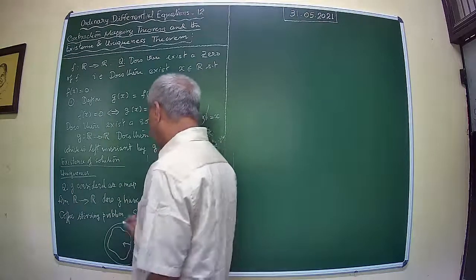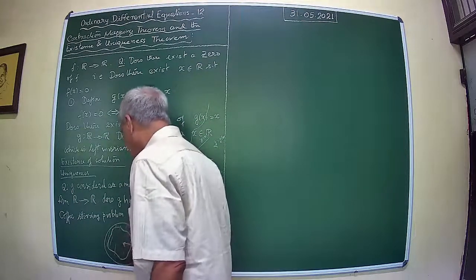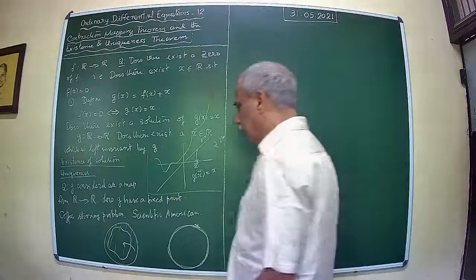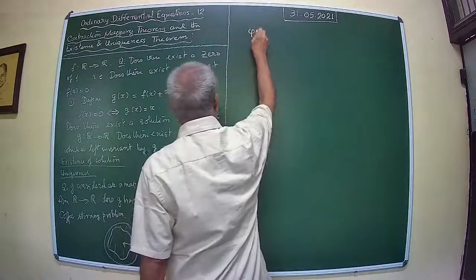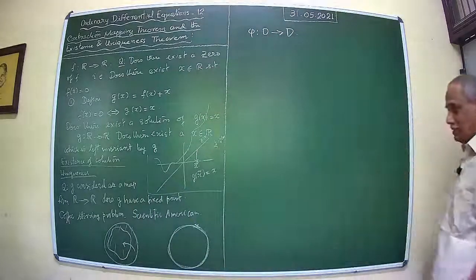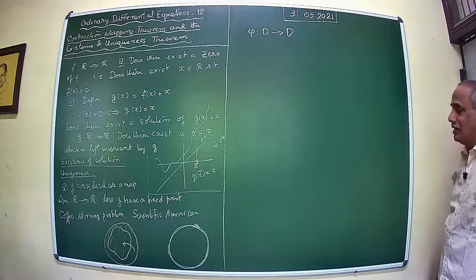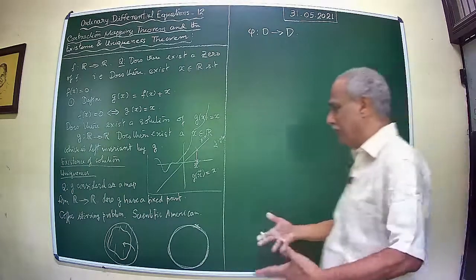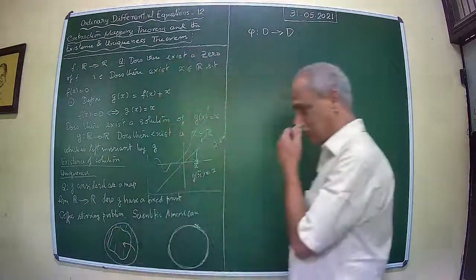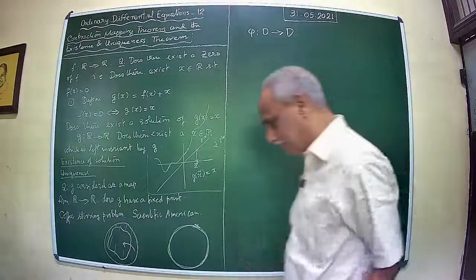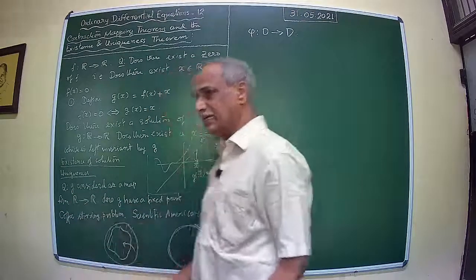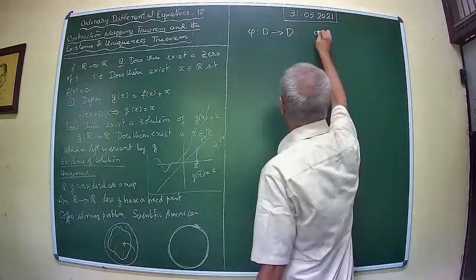If you consider this particular part as D, then you have a mapping phi from D to D. It's a mapping which throws all the points in D back to D. By the way in which we have done it, by stretching the rubber sheet and then releasing it, phi is a contraction.